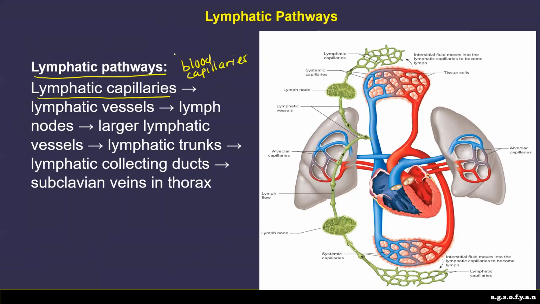Still remember the blood capillaries are made of combinations of arterioles and the venules. They are located in the organs. So in this capillary, there is also a lymphatic capillary. They are located at the same location.